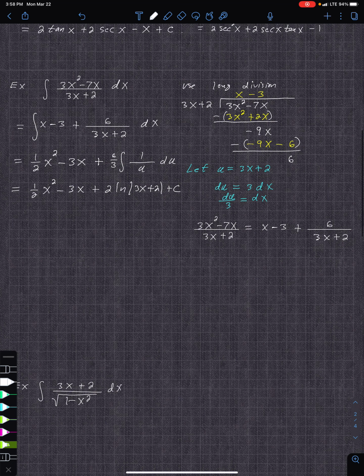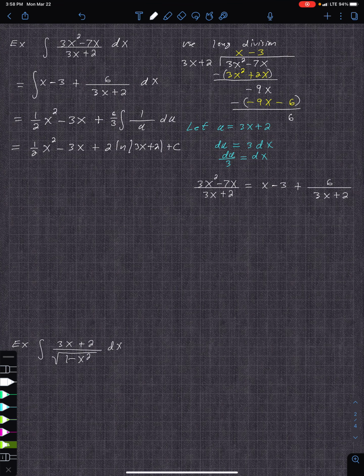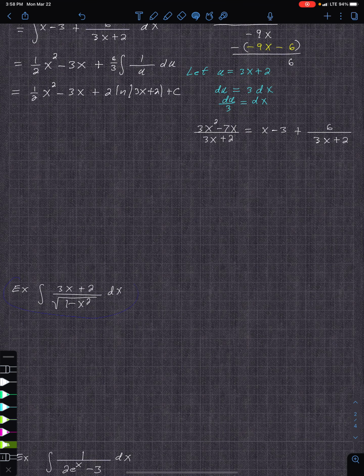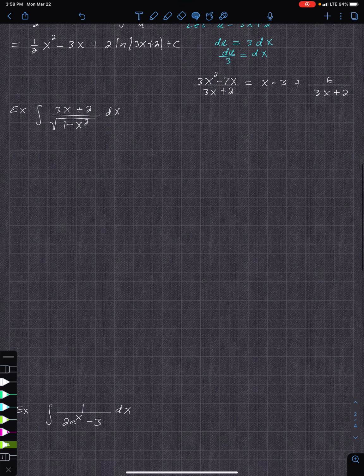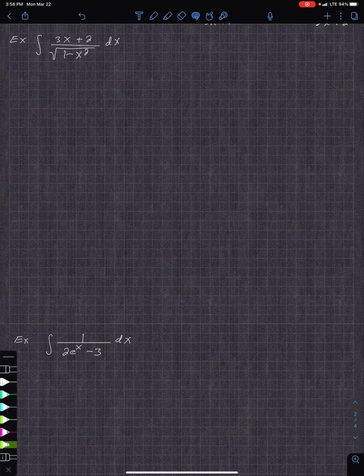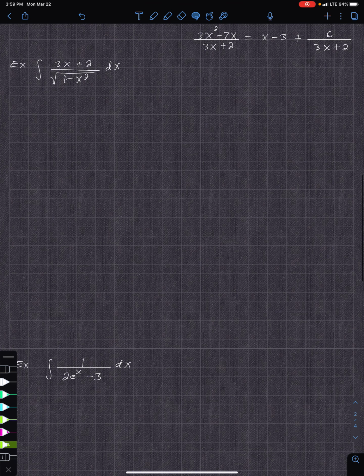So, another type of technique. Let's do another one. So next one is this. So this one, maybe you can recognize what you might do is take this denominator and divide by each term.